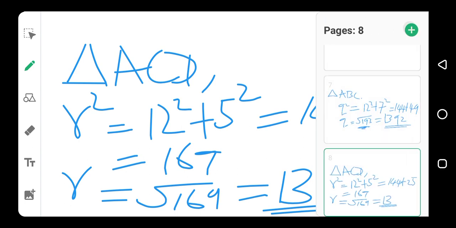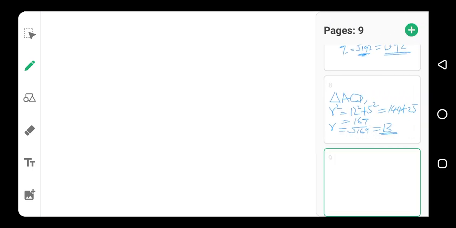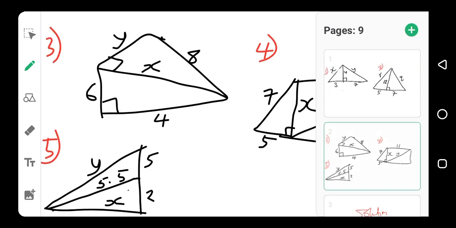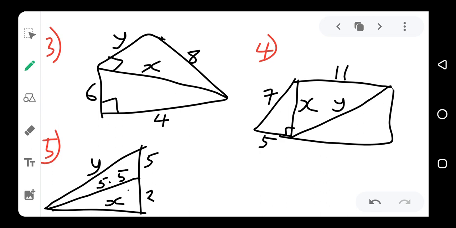Now, we have gotten the Q and gotten the R. So let's move to another number. Question number 3. Okay, this, not a triangle, a four-sided shape.